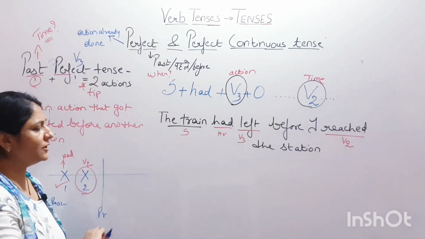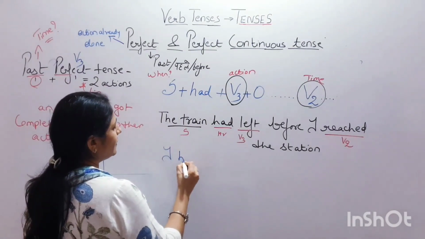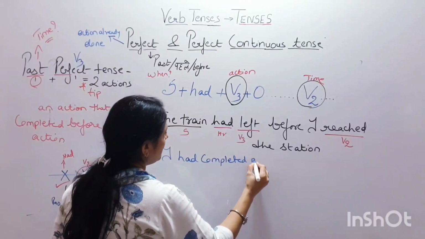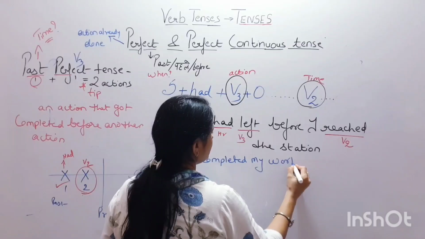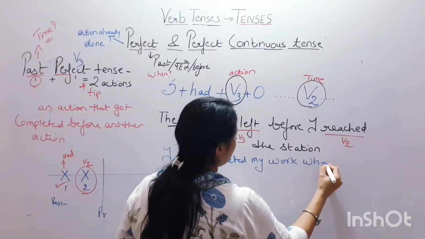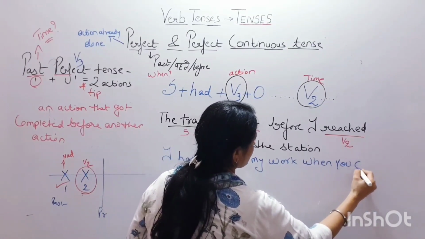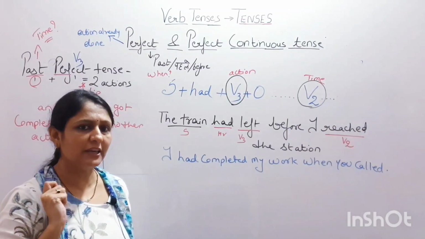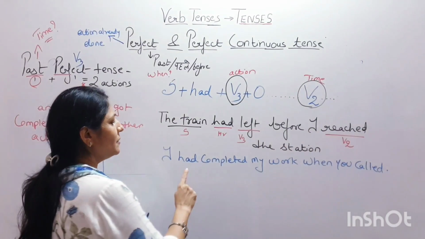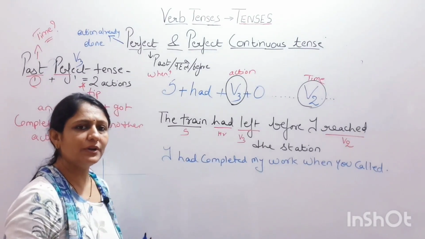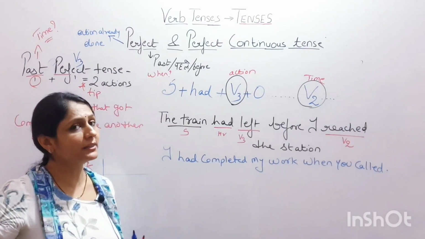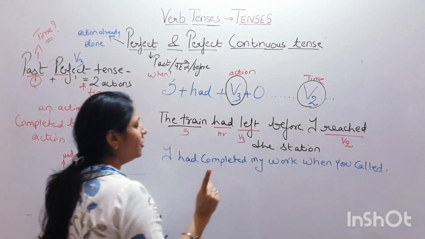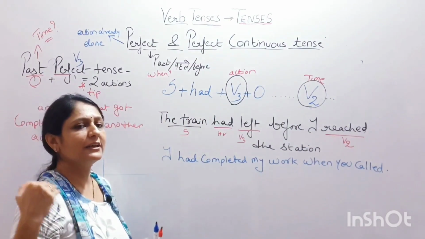So I guess this is clear. One more sentence we'll do. I had completed my work when you called. जब तुमने मुझे फ़ोन किया, उसके पहले मैं अपना काम ऑलरेडी कंप्लीट कर चुका था. पास्ट के दो एक्शन, तुम्हारा फ़ोन करना और मेरा काम को कंप्लीट कर लेना.